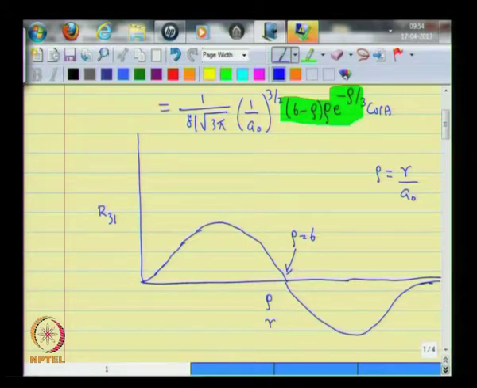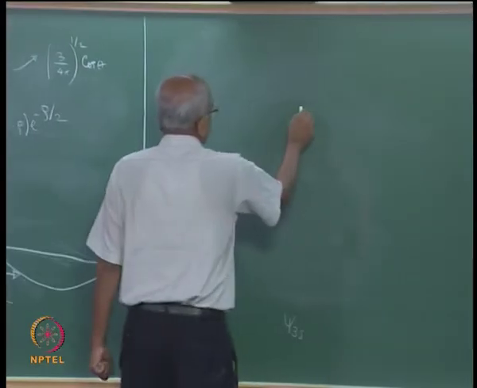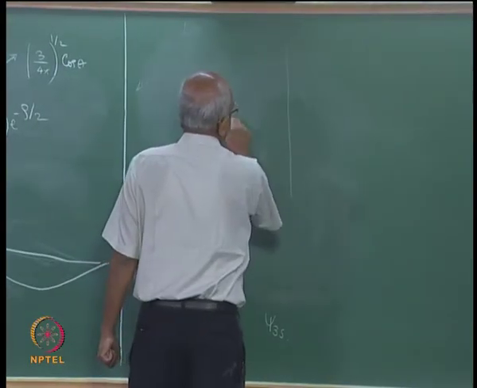So, that is a plot of R31 against rho, and now all the information that we have we will combine together and make a plot which should give you an idea of how the orbital is. How will I represent this function? I am going to represent it by shading.